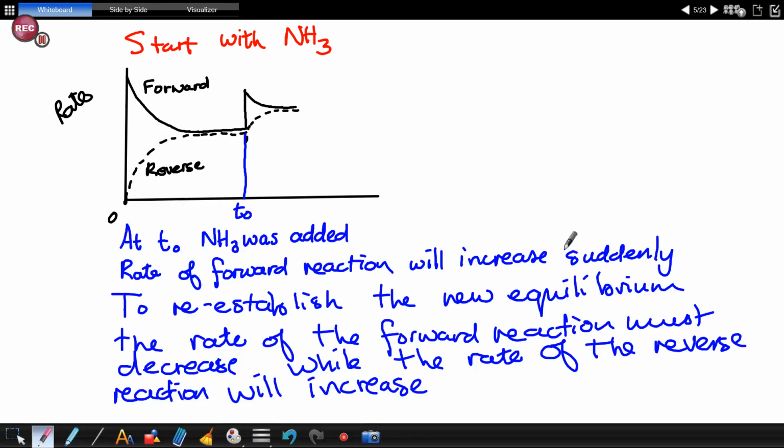The rate of the forward reaction will increase suddenly to re-establish the new equilibrium. T0 is the point at which ammonia was added. The rate of the forward reaction must decrease because the ammonia is busy being used up again, while the rate of the reverse reaction will increase, because the concentration of hydrogen and the concentration of nitrogen will increase.